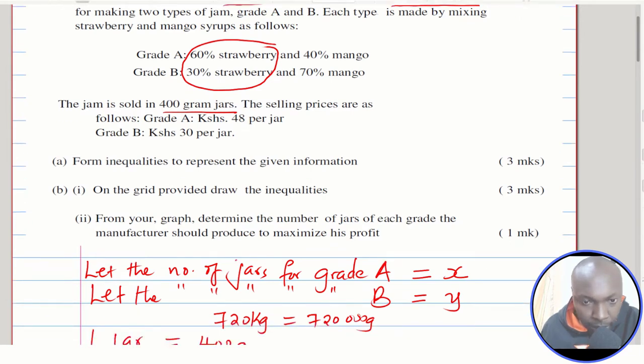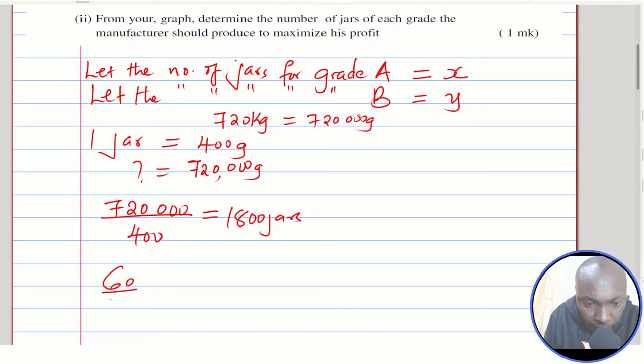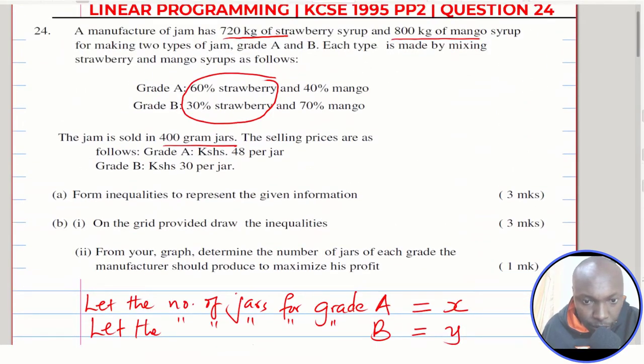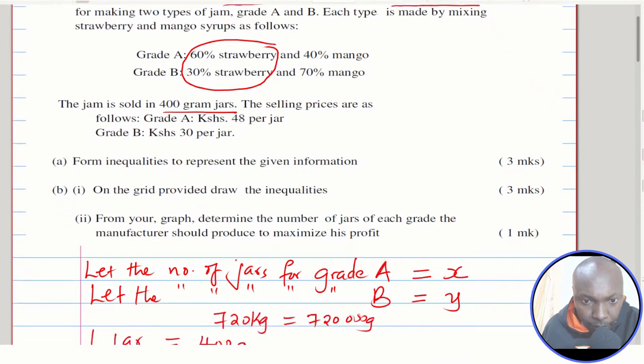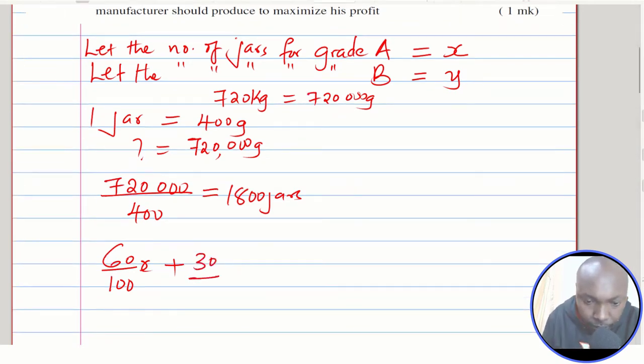The number of jars produced by mixing 60% of strawberry is 60 divided by 100, multiplied by the number of jars for grade A, which is X. Then plus 30% strawberry for grade B, which is 30 divided by 100, multiplied by the number of jars for grade B, that is 30y.